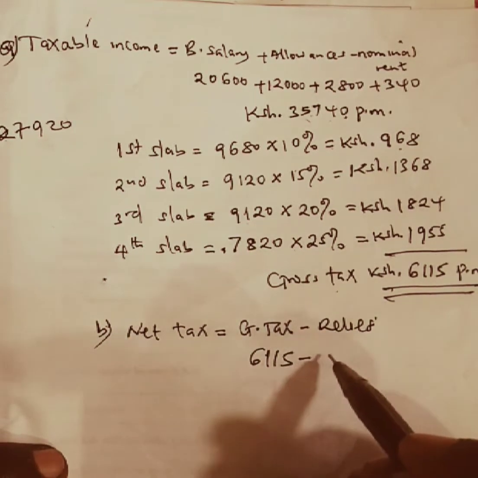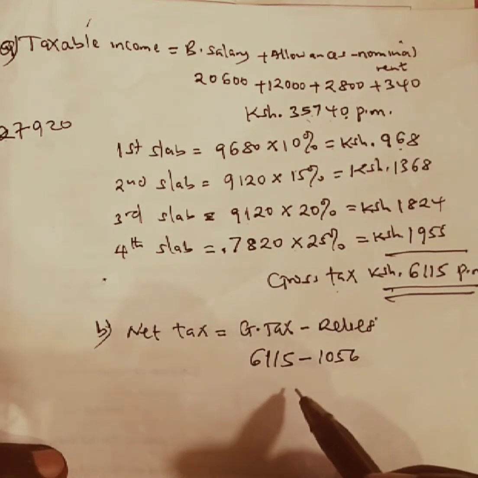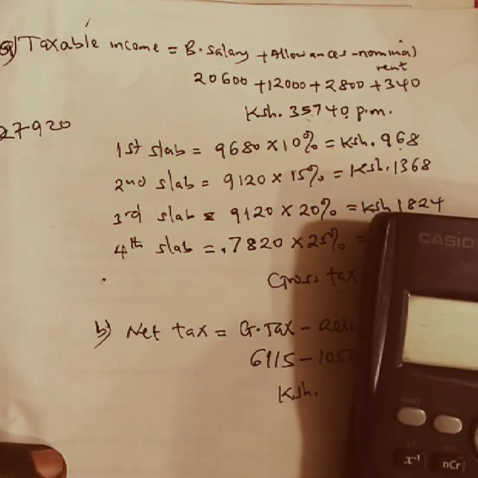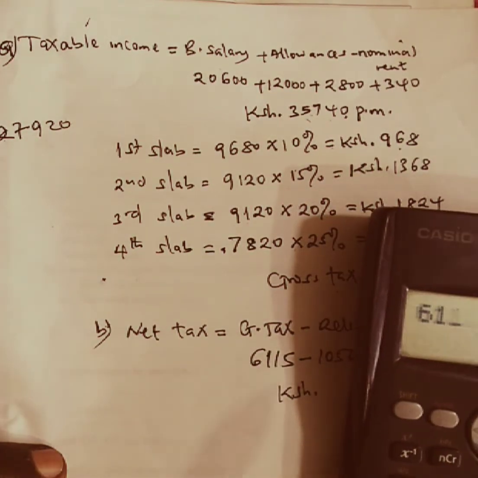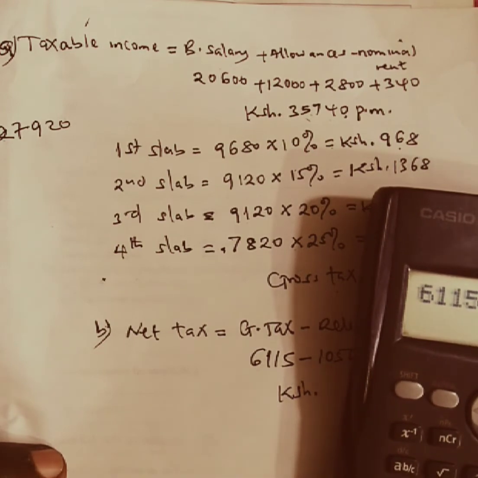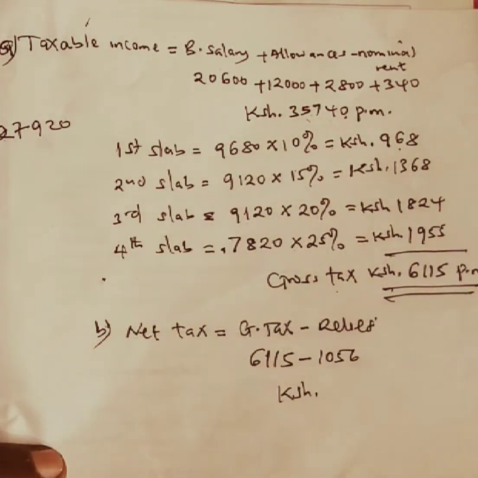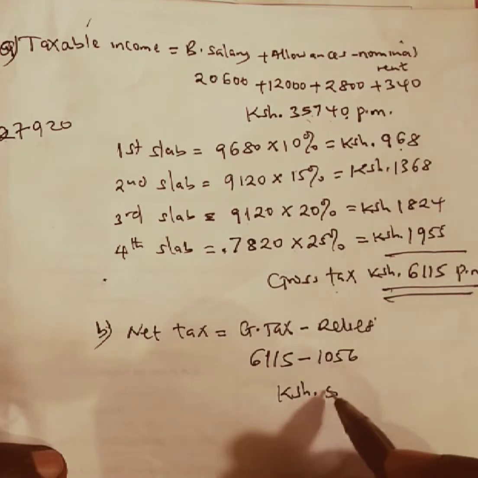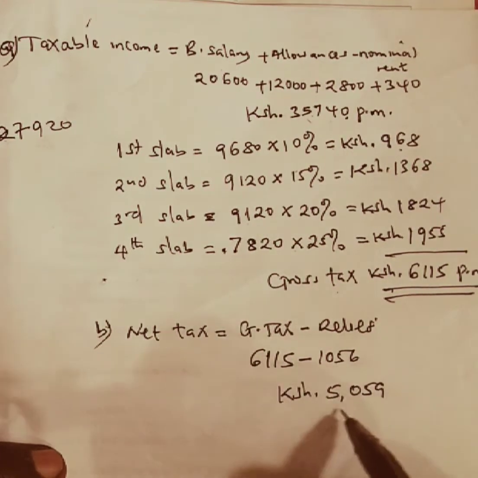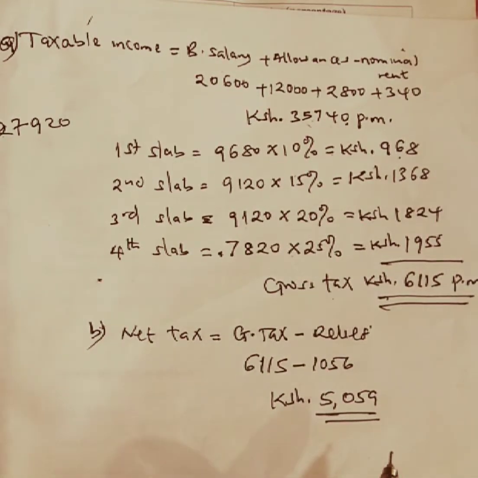We minus the relief of 1,056, and this means that this person is going to end up paying 6,115 minus 1,056, and this gives us Kenya shillings 5,059, and this is the actual tax paid by John.